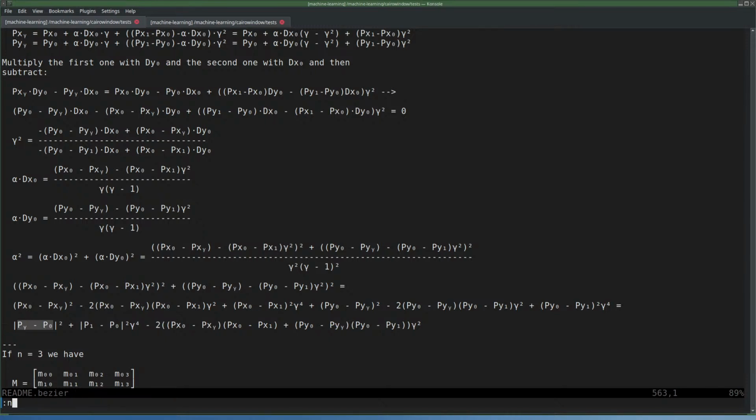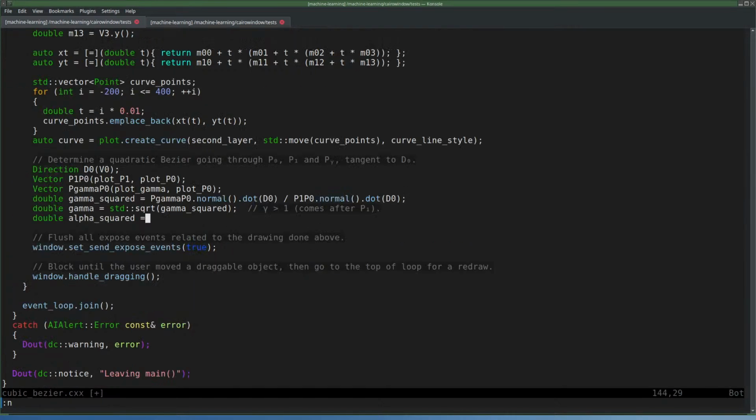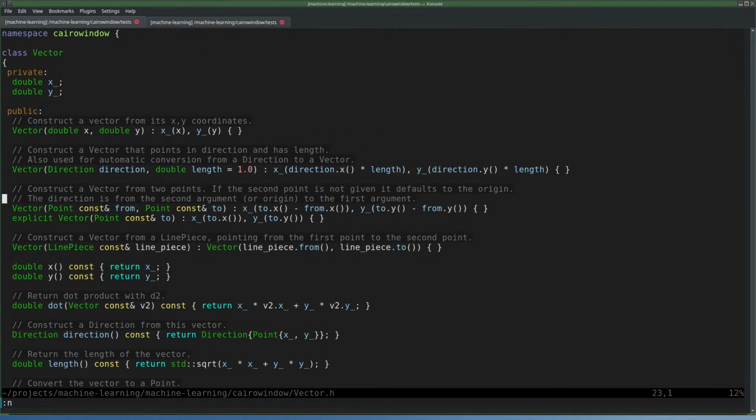Right, next. So this vector was created from 2 points, as in this one, and it is the second one minus the first one.